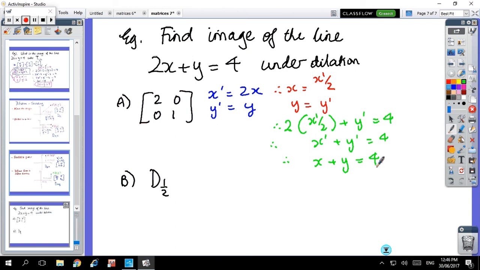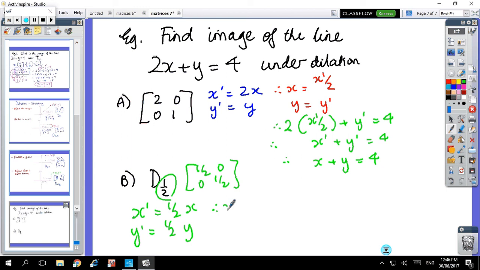It's pretty straightforward. This is a single number, so it's going to be a stretch of a half, 0, 0, a half. So x dash equals a half of the old, y dash equals a half of the old. So changing the subject, we double.